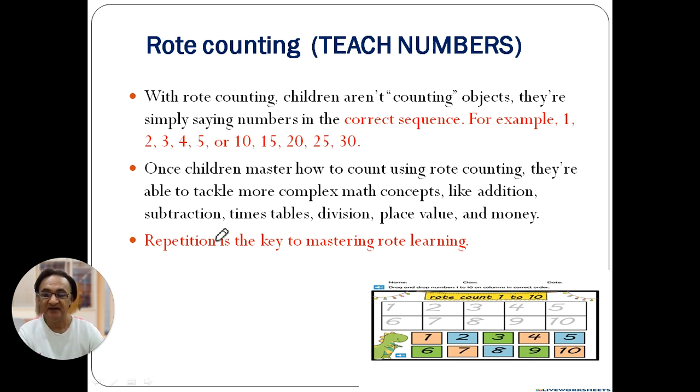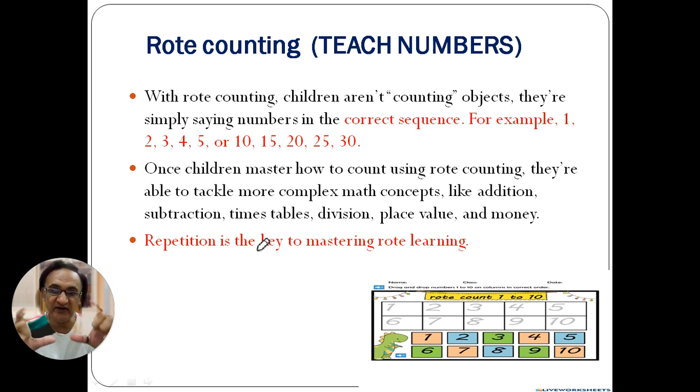Another thing is that this is actually repetition. Now in rote counting we have the first keyword, which is making the sequence of numbers. This is counting without objects. This is about repetition, okay. They keep repeating the numbers 1 2 3 4 5 6 7 8. And the fourth thing is memorization.